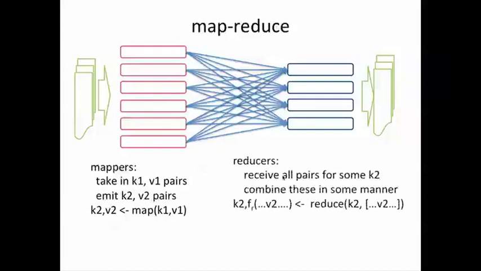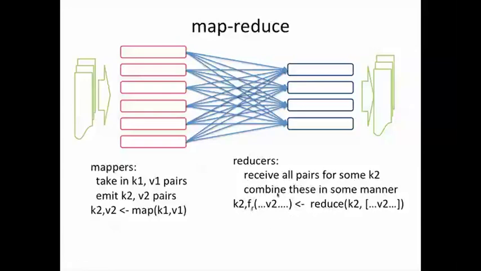The reduce function, on the other hand, receives all the pairs for some value of K2 and combines them through a reduce function. So the reduce of K2 and all the values that came out of the map phase for that particular value of K2 are combined using a function f sub r.